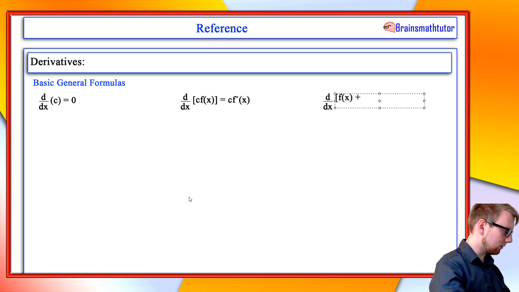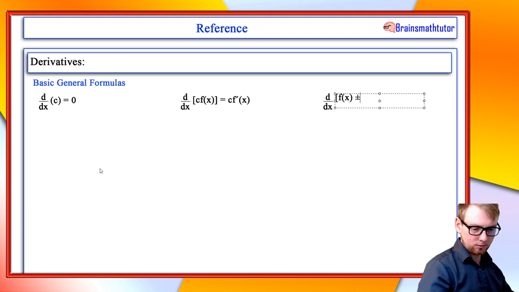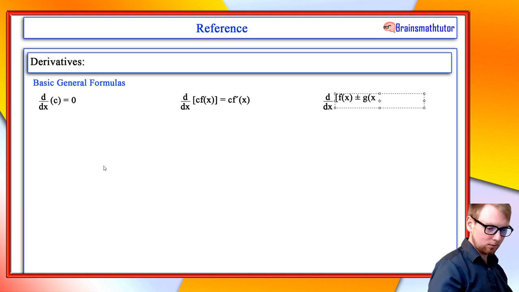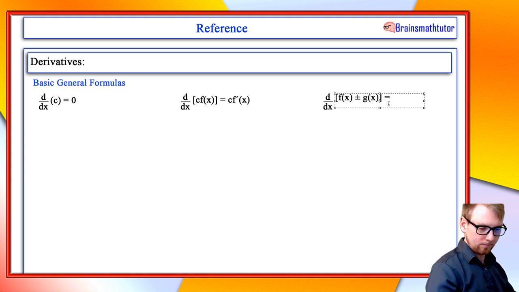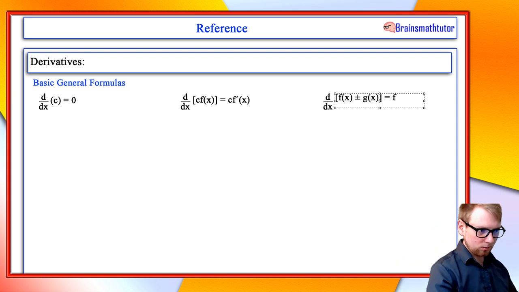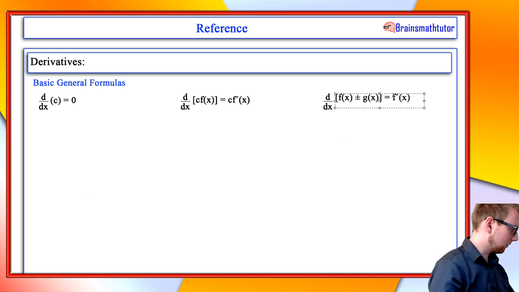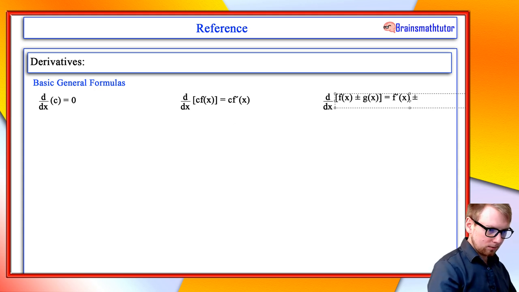There is. Nice. g of x equals f. We'll move it over. Plus or minus.